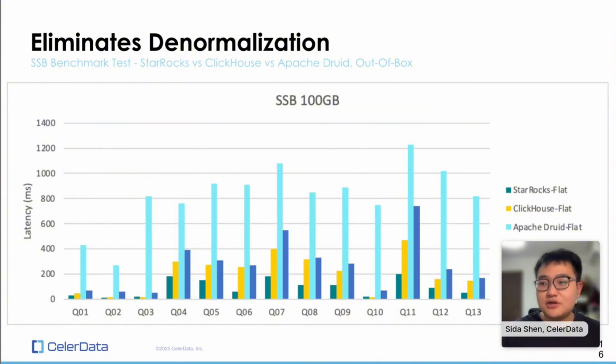You can see in the result, StarRocks flat is faster than everything. But the interesting thing here is that StarRocks, even running the joins on the fly, is faster than Apache Druid not running the join, and almost as fast as ClickHouse running the flat schema without the join.